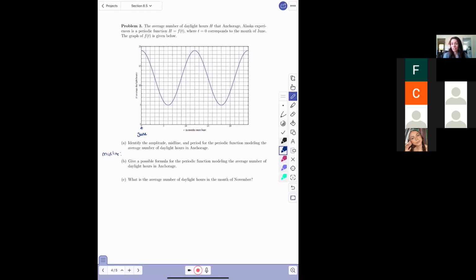Since this one isn't nice and easy like the other examples, where the midline was just on 0, we have to use the formula to determine the midline, which is y equals max plus min divided by 2. Here the maximum is 19 and the minimum is 5. So we have 19 plus 5 divided by 2, which is 24 divided by 2, which is 12. So the midline is y equals 12.